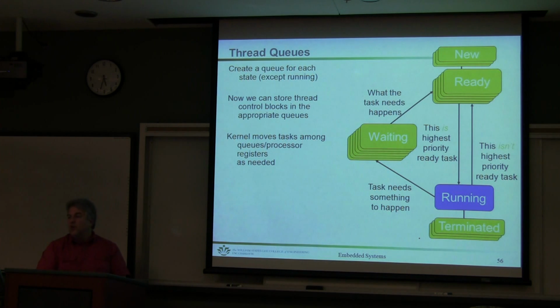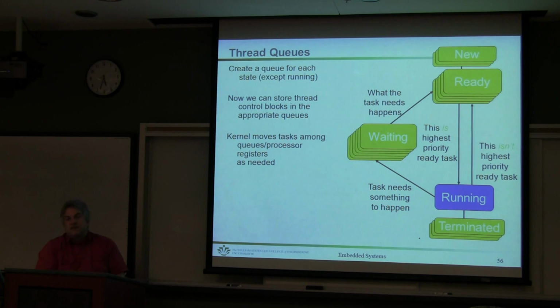And that's shown here. You will have specific queues associated with waiting and ready. And in fact, often what we do is we create a priority queue in the ready state, meaning that the thread that has the most important task to complete will be moved into the running. I've mentioned this example before.